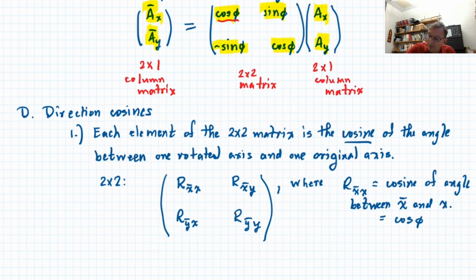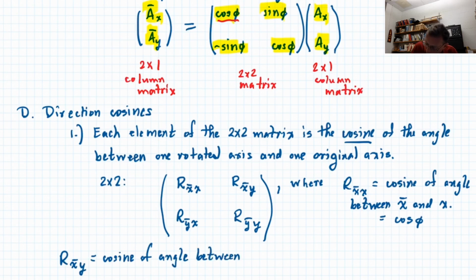Let's do another one, though. How about R subscript x bar y? So that apparently must be interpreted as the cosine of the angle between x bar and y. Yes, that's how we're supposed to think of it.